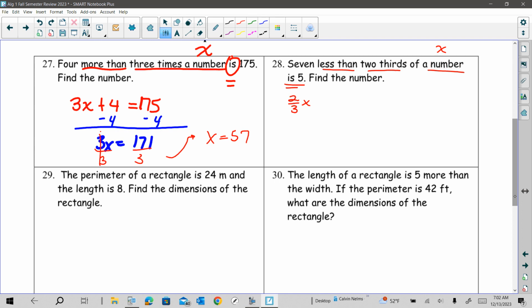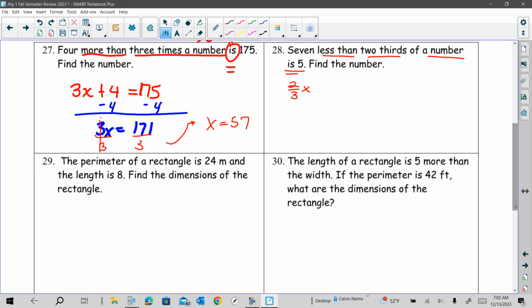Now on 29, you have a couple perimeter problems. One with a rectangle and one with a triangle. So for the rectangle, there's a formula for perimeter, P equals 2L plus 2W. We just got to recognize whenever we have a rectangle, we're going to have a length and a width.